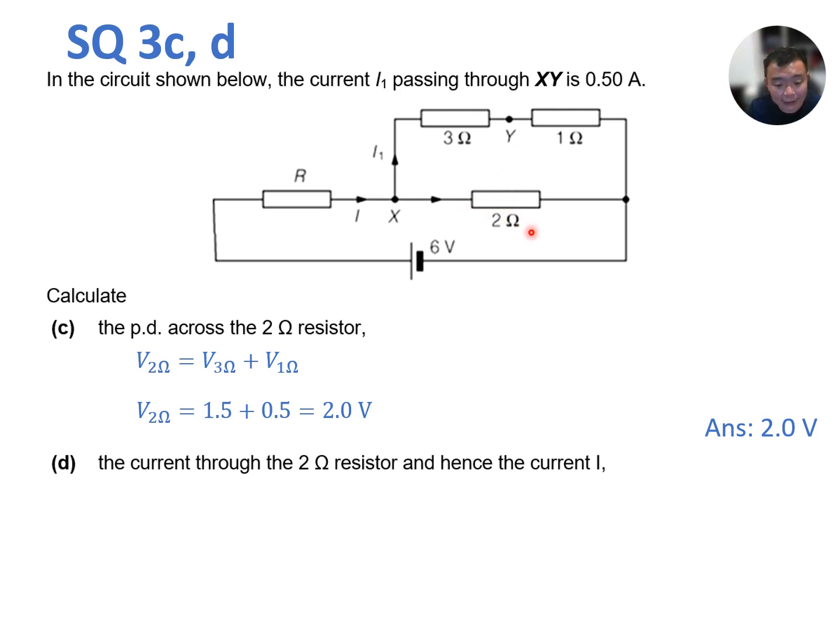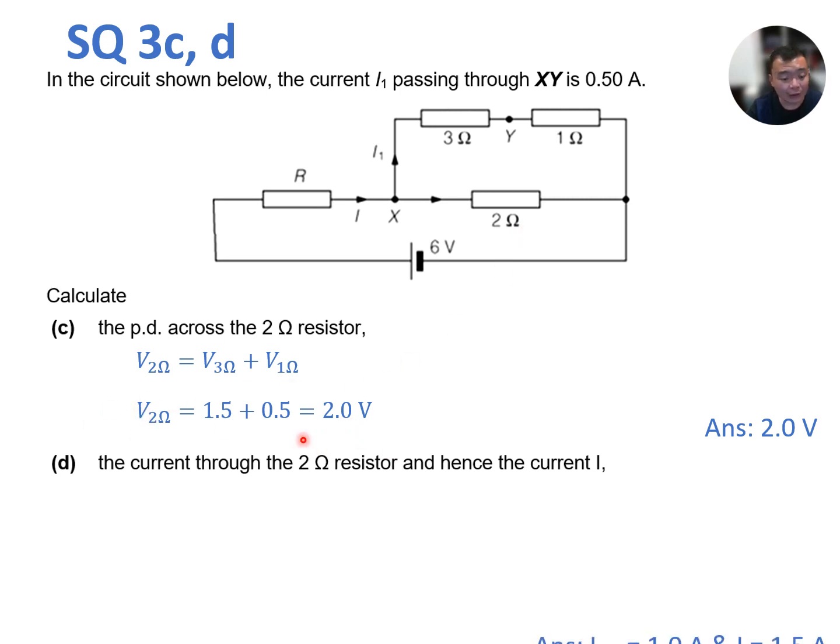Now in part D, you are to calculate the current through this 2 ohm resistor, and after that calculate the total current of the whole circuit I. So not difficult at this stage, because you know the resistance of this 2 ohm resistor is 2 ohm, and you know the voltage of this 2 ohm resistor to be 2 volts.